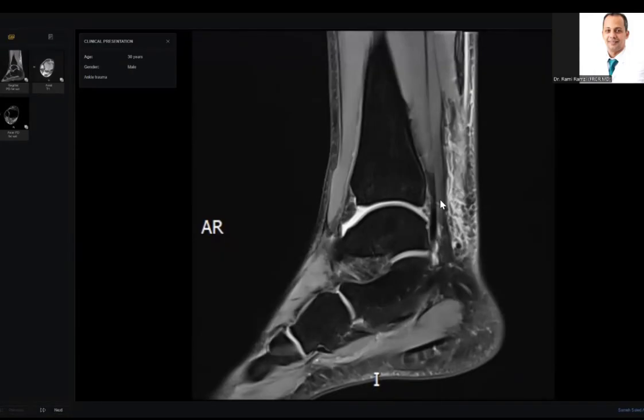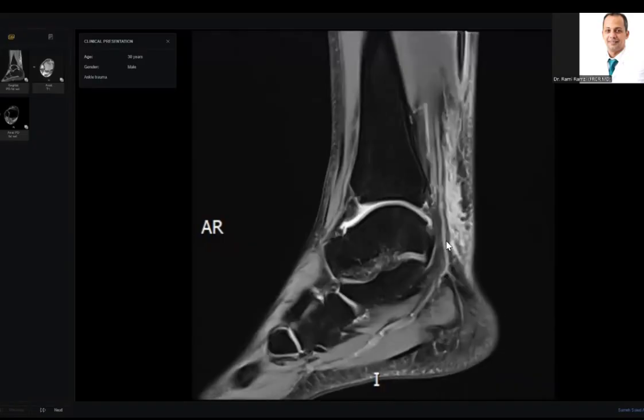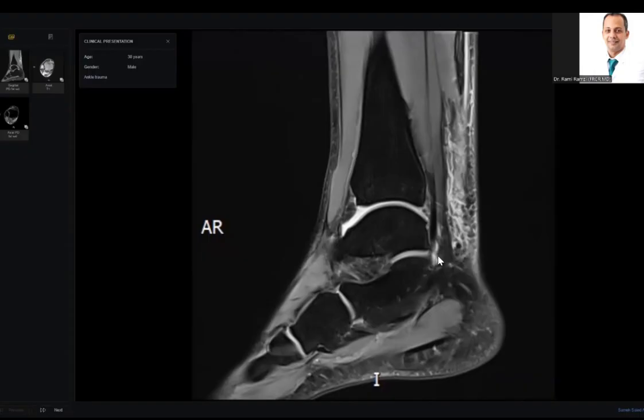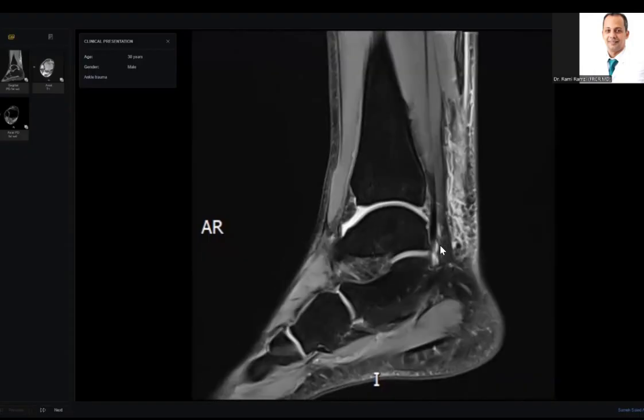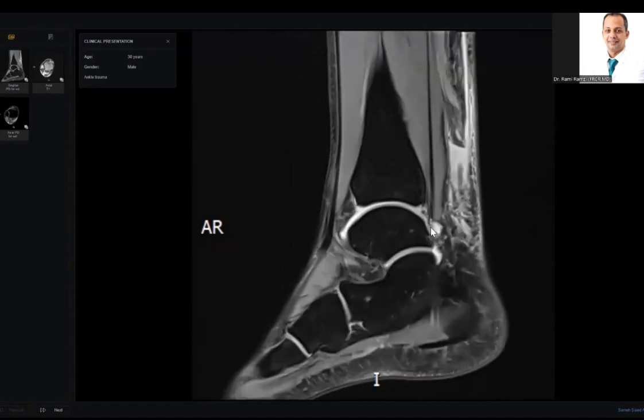I notice hyperintense signals within the Achilles tendon, and I am trying to look for any tear. This is likely suggestive of some partial tear.